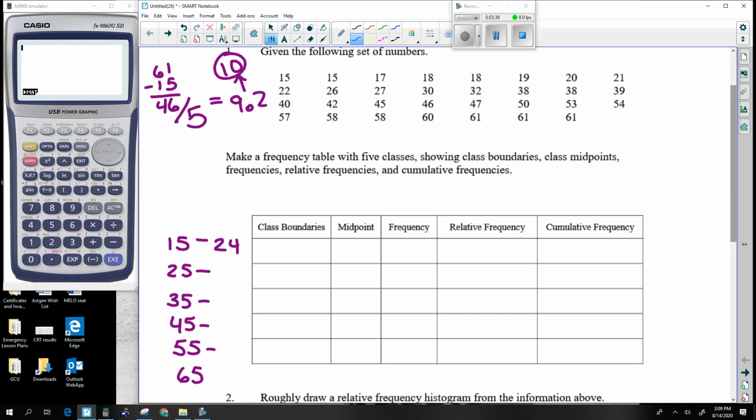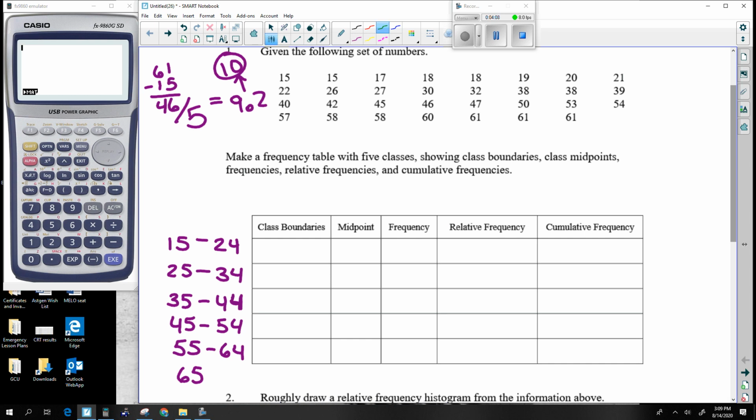In the second category, if the next category begins at 35, this category has to end at 34, right before the next one begins. So 1 less than the next one. Thus the reasoning for that 1 extra number: I need to know where that last class boundary ends. Cool, so that's my rough draft.